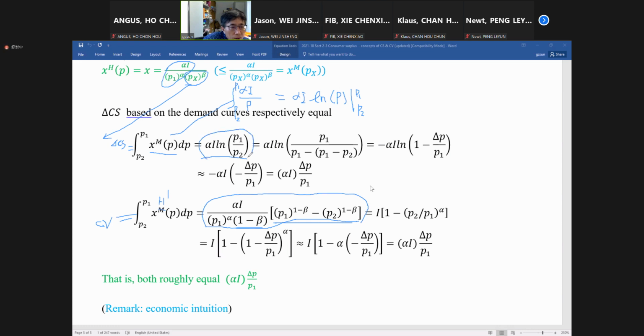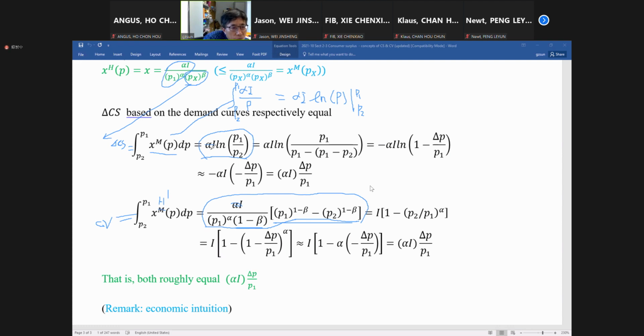Okay. And now let's see what's the common. Common part is this number, alpha times I. Alpha times I, the same. So therefore, we don't need to consider this part much. We just copy and paste.